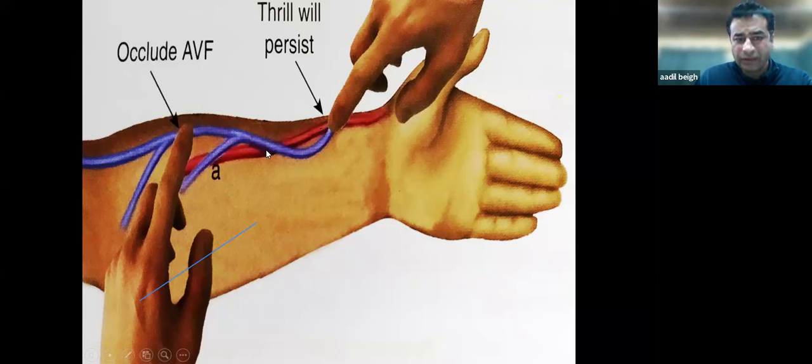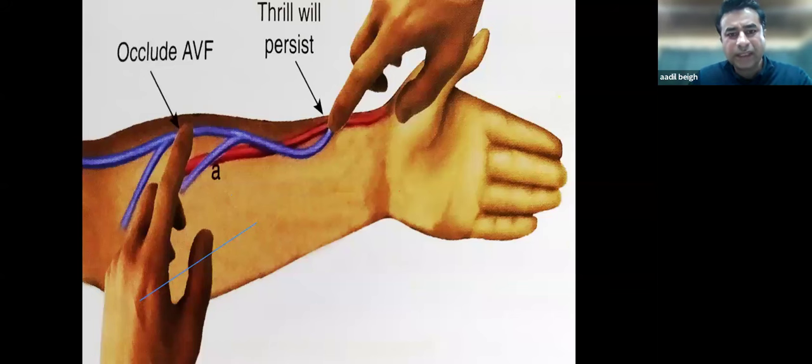When you put the finger on this segment, there will be appearance of pulse and disappearance of thrill. When you occlude beyond the accessory vein, there will be persistence of thrill. Always remember, if there's a persistence of thrill while occluding the outflow, that means there's an accessory vein.